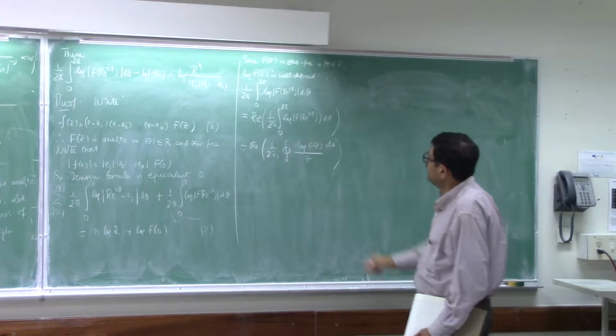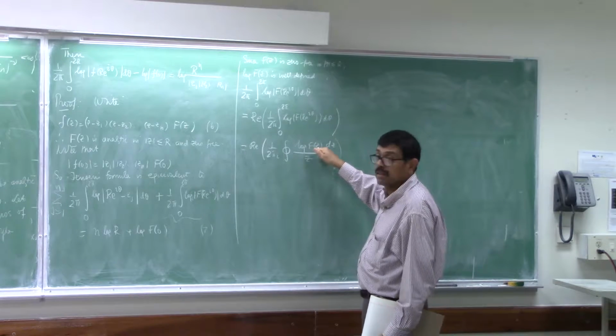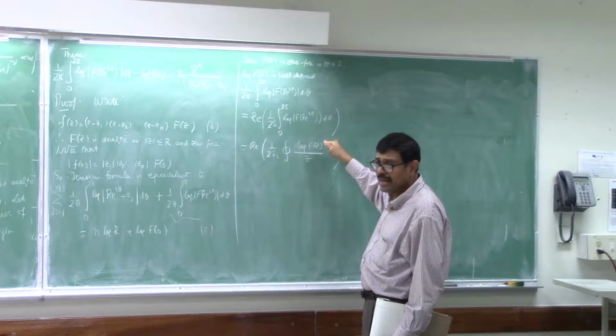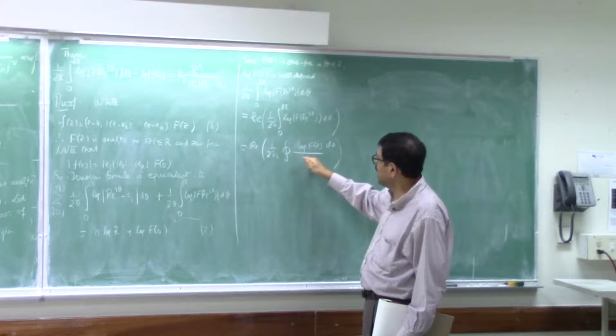Because if I put z equal to r e to the I theta, dz is ri e to the I theta d theta, and this is r e to the I theta.